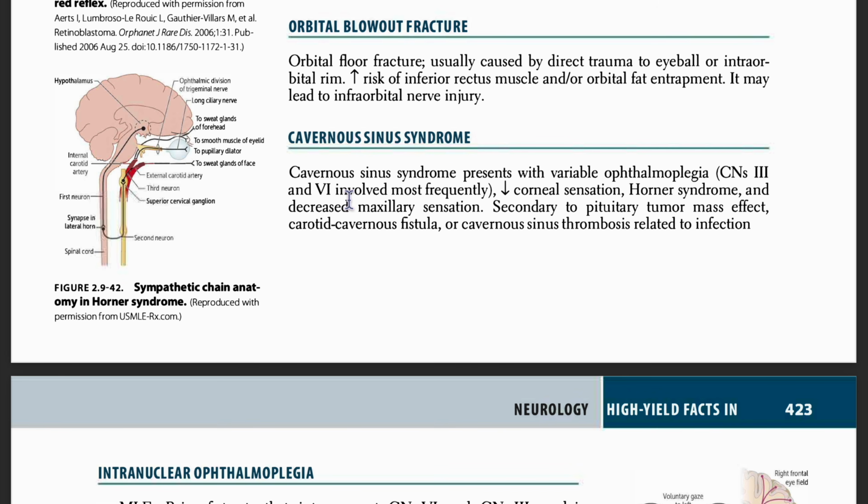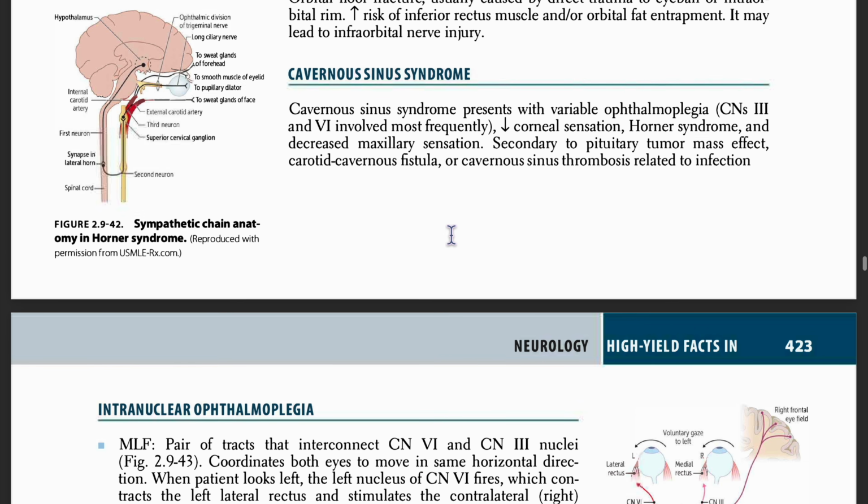Cranial nerves 3, 4, and 6 are involved, with 3 and 6 involved most frequently. Decrease in corneal sensation, Horner syndrome, and decreased maxillary sensation. Secondary to pituitary tumor mass effect, carotid cavernous fistula, or cavernous sinus thrombosis related to infection.